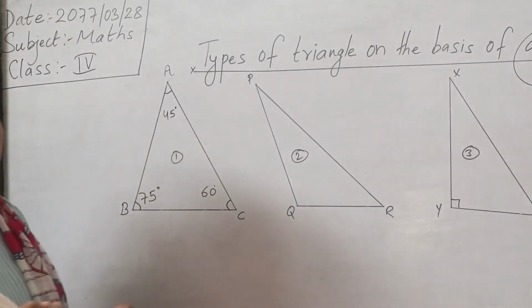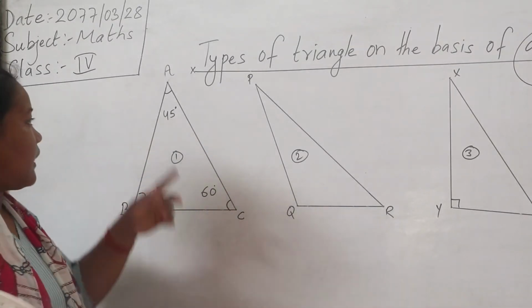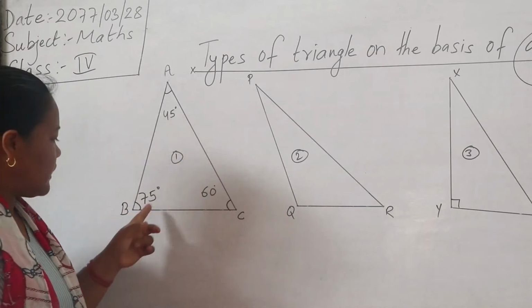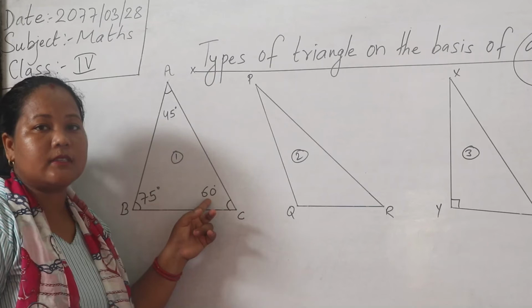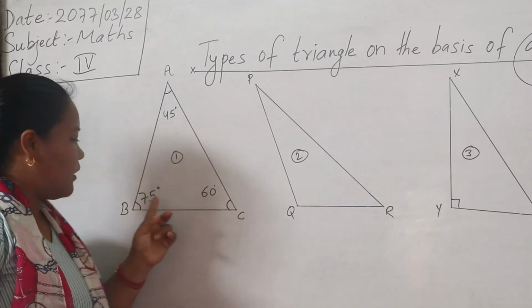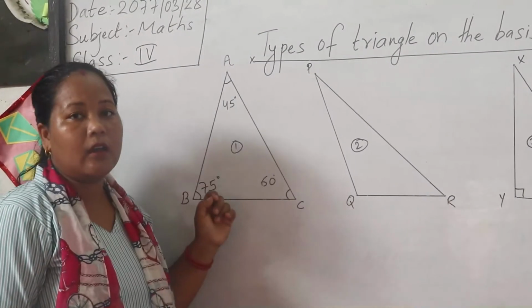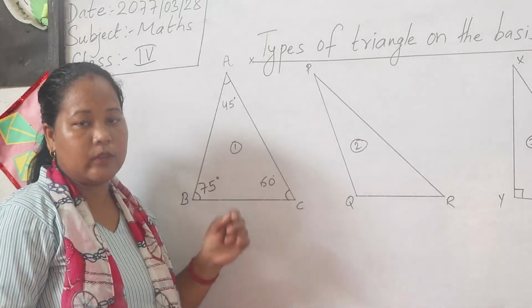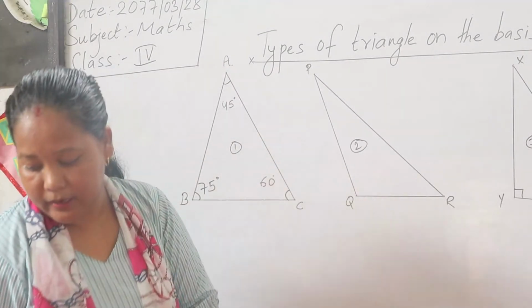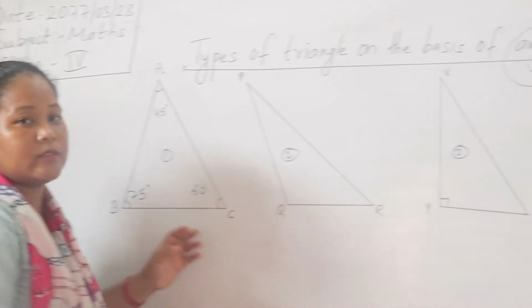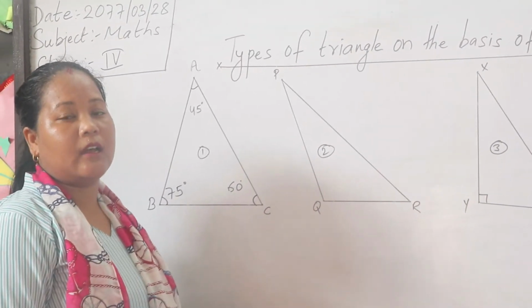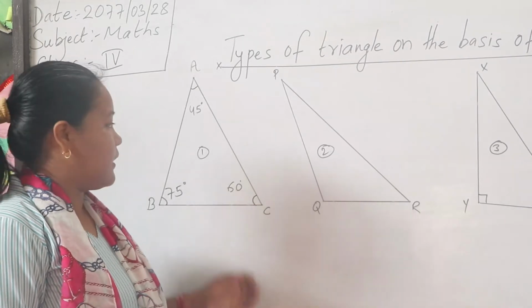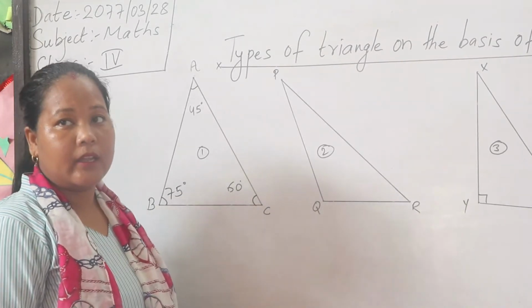Okay, see here, angle A is 45 degrees, angle B is 75 degrees, and angle C is 60 degrees. And all these 3 angles are acute angles. We already read the types of angle: acute angle, obtuse angle, right angle, straight angle, reflex angle, complete angle.